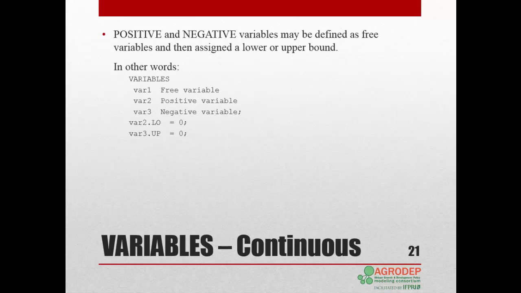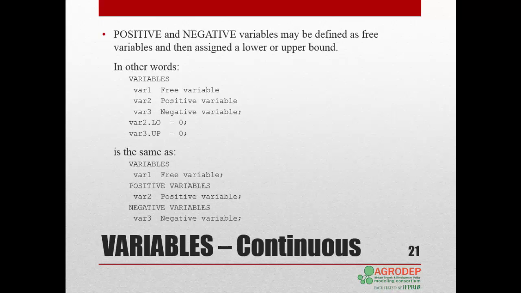So in the next statement, we first define 3 free variables using the keyword variables, and then assign a lower bound of 0 to the positive variable and an upper bound of 0 to the negative variable. This is equivalent to defining the variables using specific keywords in the variable statements.